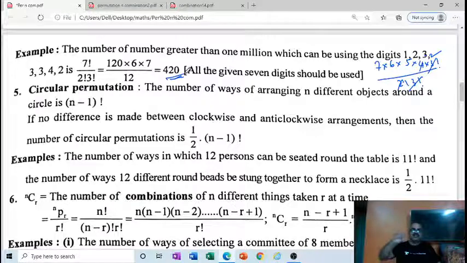We need to be arranged in how many ways? 5 minus 1, that is 4 factorial ways. Why 4 factorial? You just see. 5 of us are sitting in a circle. Now, if you leave the first fellow, the rest 4 have to be arranged in factorial ways. 4 has to be placed in different manner. This is the thing. 5 factorial.